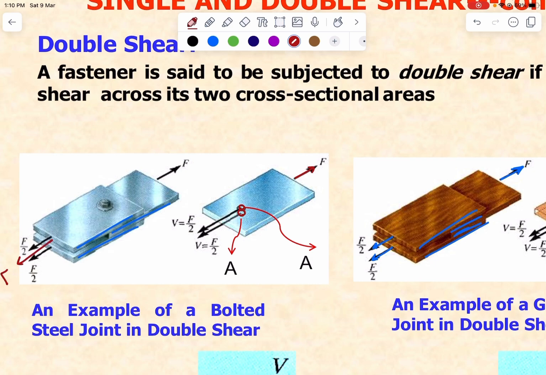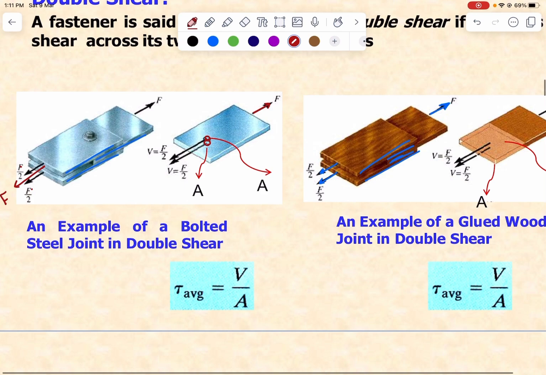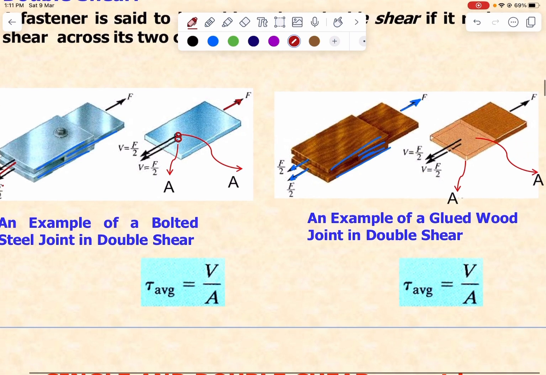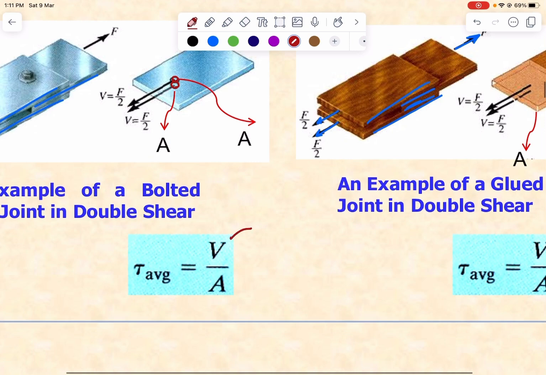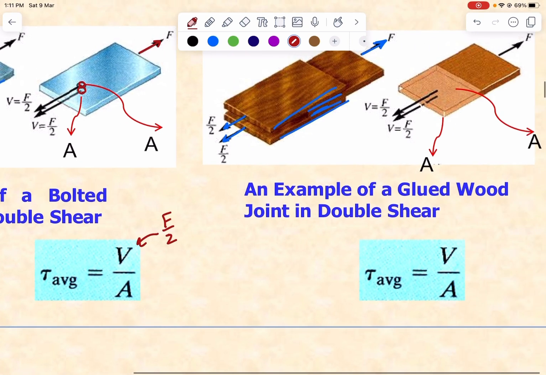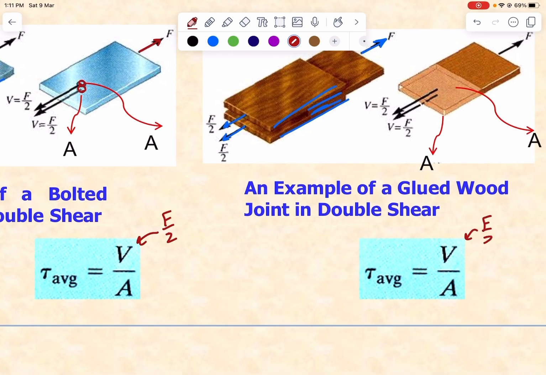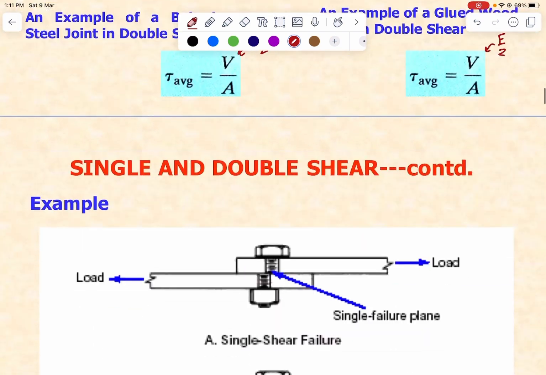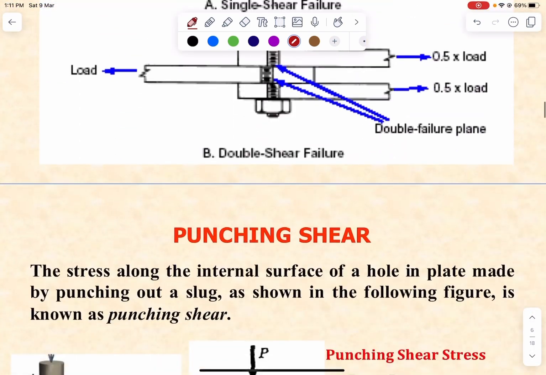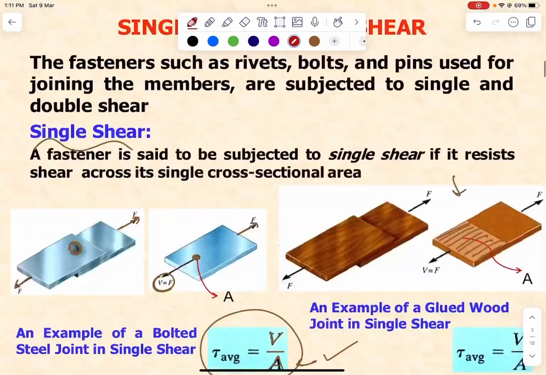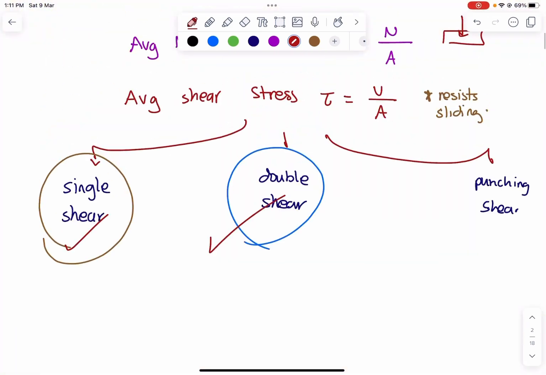So this will be equal to F. If we sum F half, F half. So this is an example of a bolted steel joint in double shear. And V is equal to F over 2. Also here, F over 2. So now we are done with the second type of the shear stress.